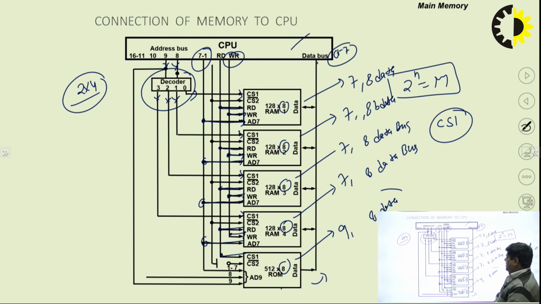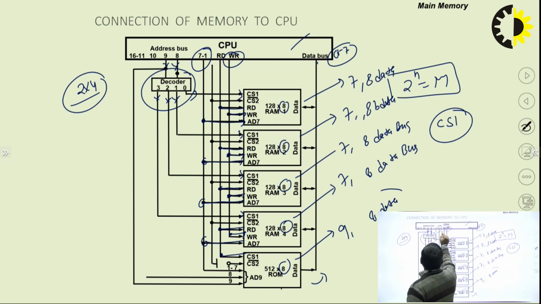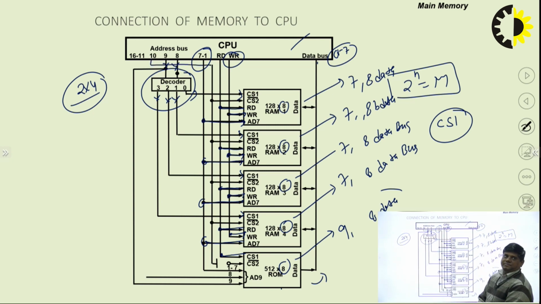Okay. Now one chip remains, where the connection is not established here. Chip number 10, line number 10, is connected to CS2, again CS2, and here again CS2, and here a NOT gate and CS2.